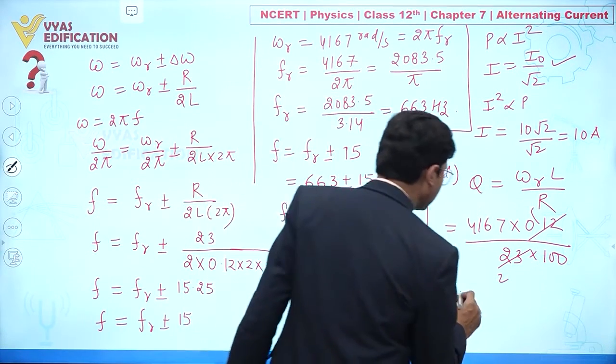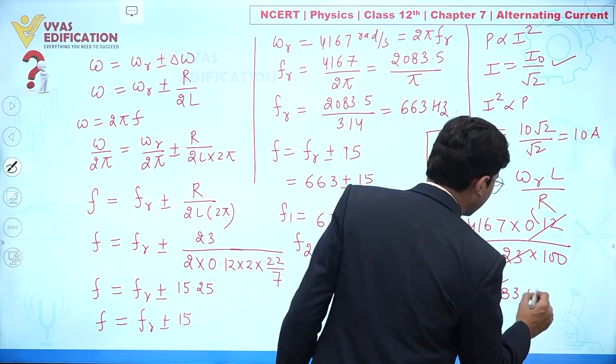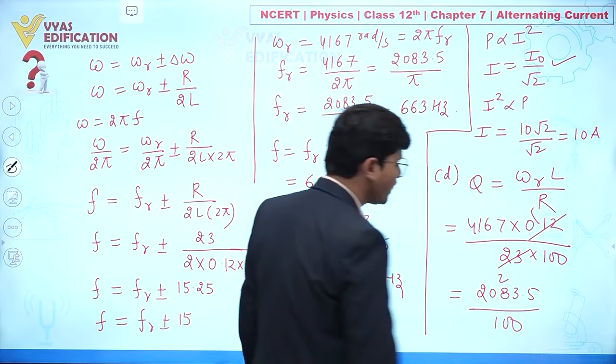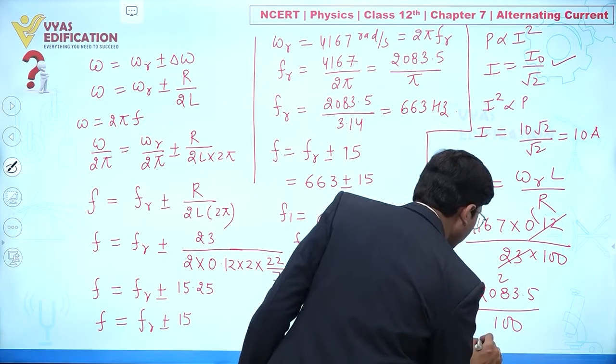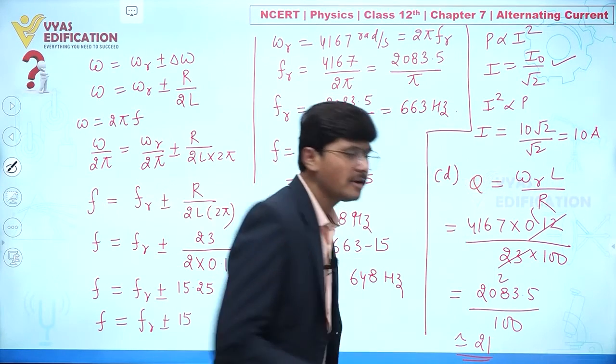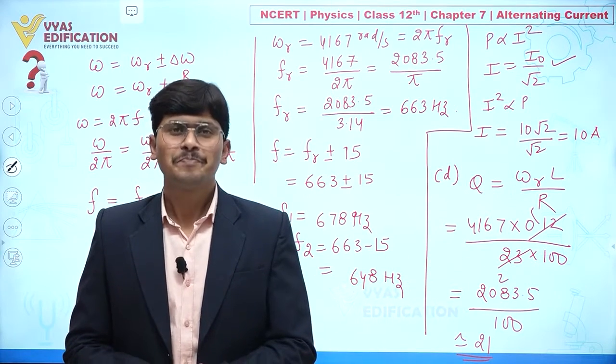So we are getting 0.83.5 divided by 100. So this value of Q factor is near about 21. Clear? So this is all about this question.